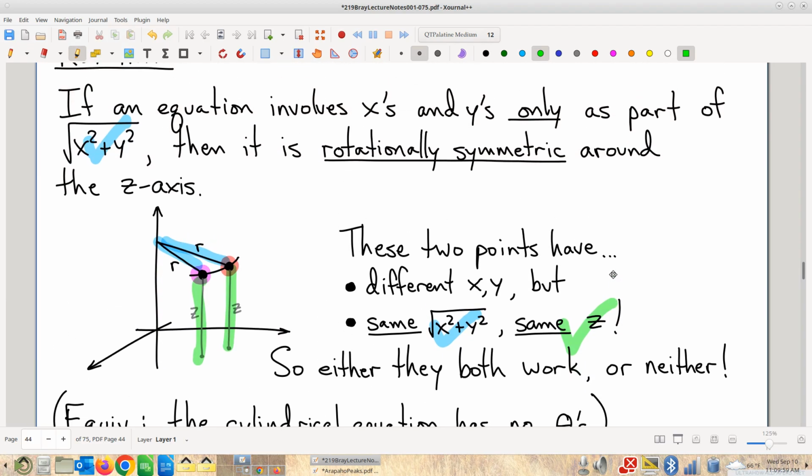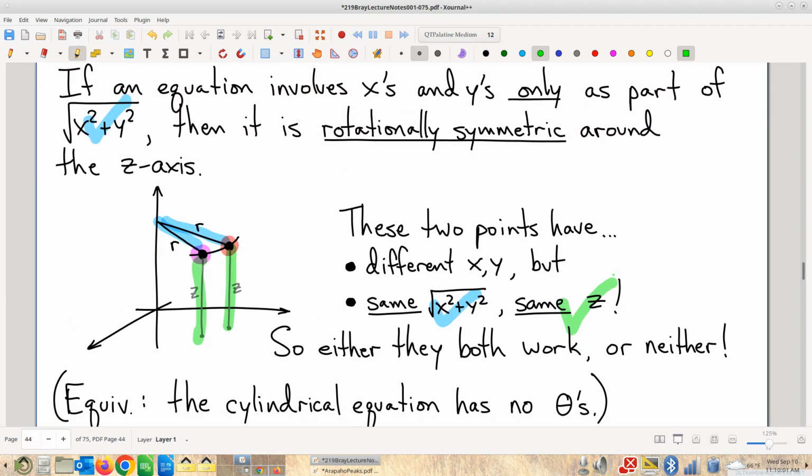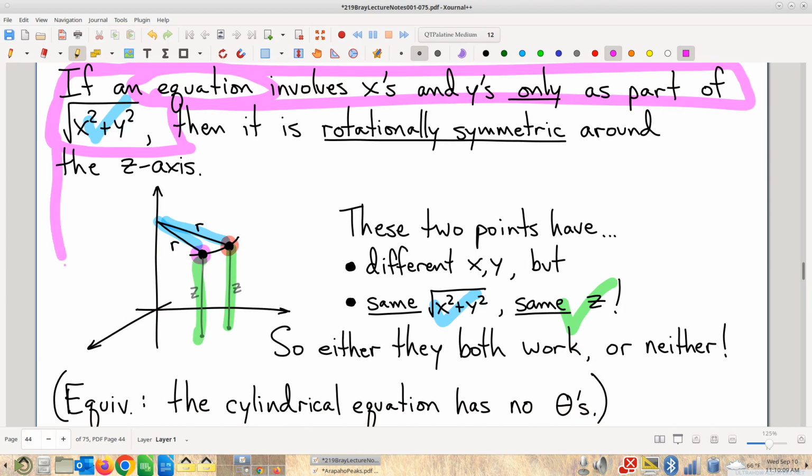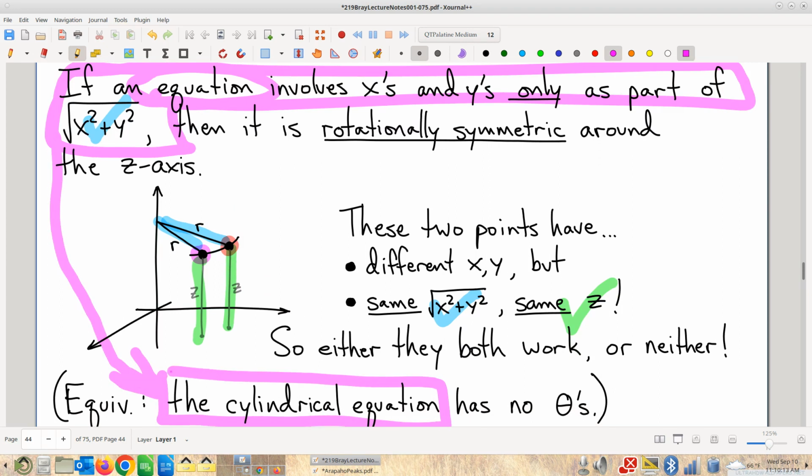Real quick observation before we do that, let me also point out another way to think about this. If you have an equation that has this property, and you were to rewrite it in cylindrical coordinates, let's think about what that cylindrical equation would look like. I claim there won't be any thetas in it. Can't be any thetas in it. Where would the thetas come from?